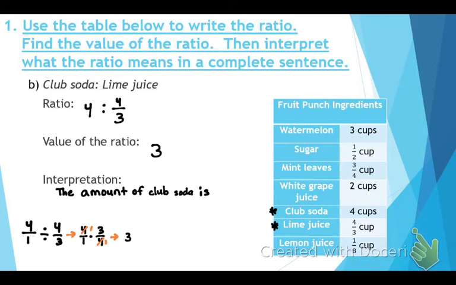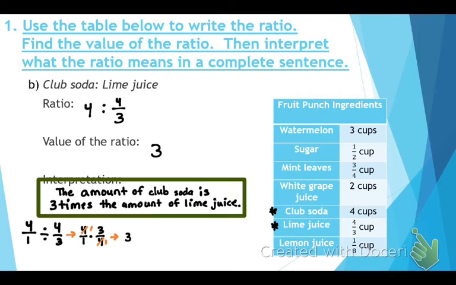Okay, does that sound right? He said the amount of club soda is 3 cups the amount of lime juice. 3 times? 3 times the amount. There you go, Zion.